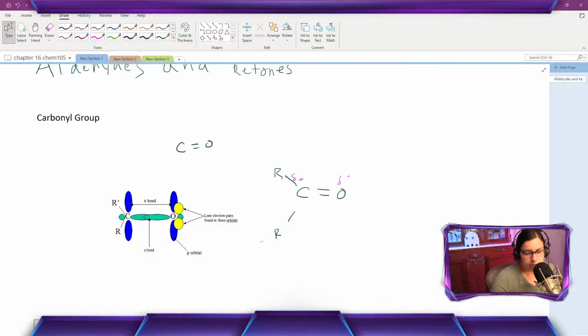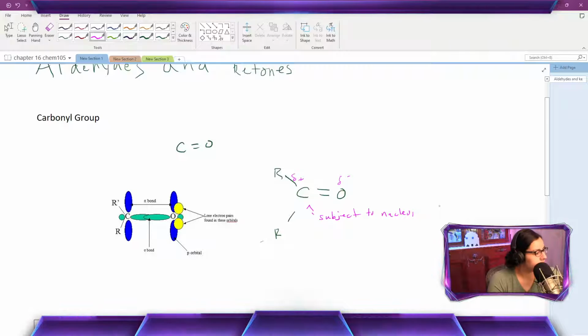But what you'll find is that this carbon is subject to nucleophilic attack. Excuse me, electrophilic. No, sorry, nucleophilic attack.